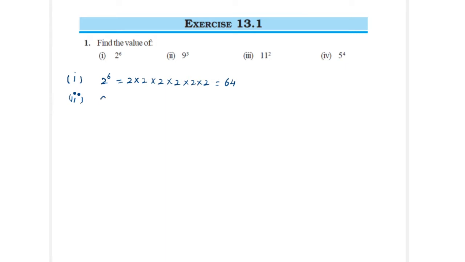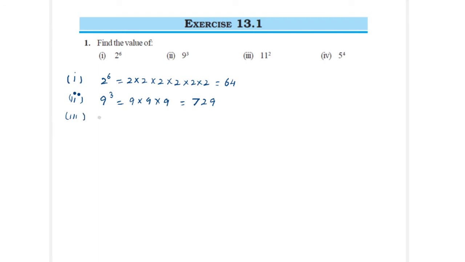Say second part. 9 raised to power 3. 9 raised to power 3 means 9 is multiplied 3 times. That is 9 into 9 into 9. And if you multiply it, what will you get? 729. Now come to third part.